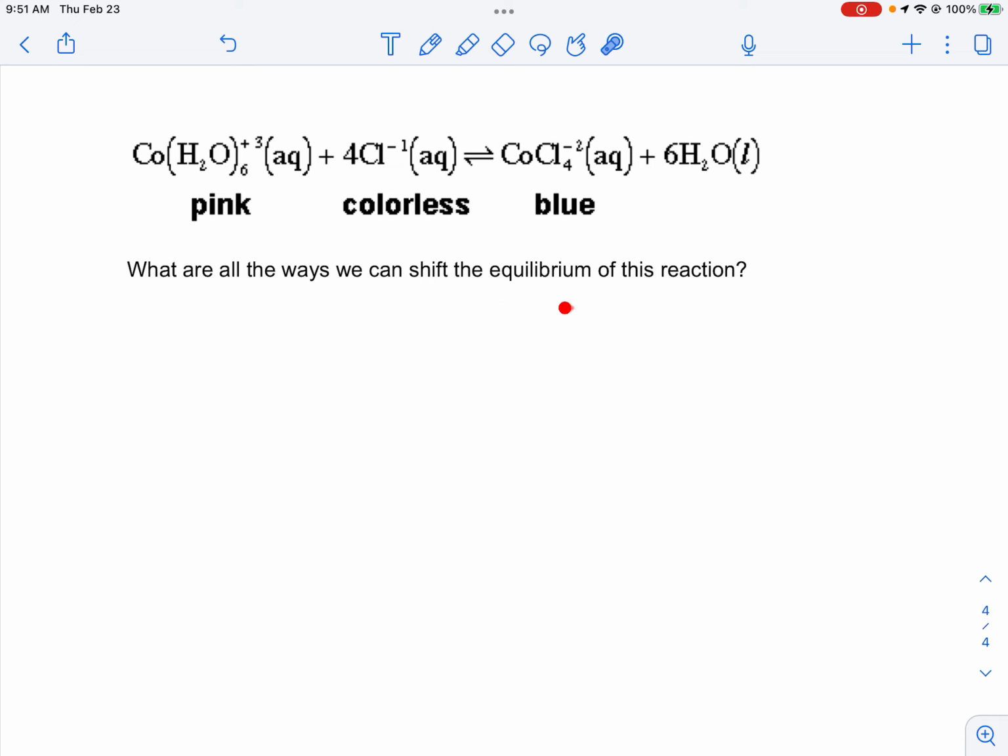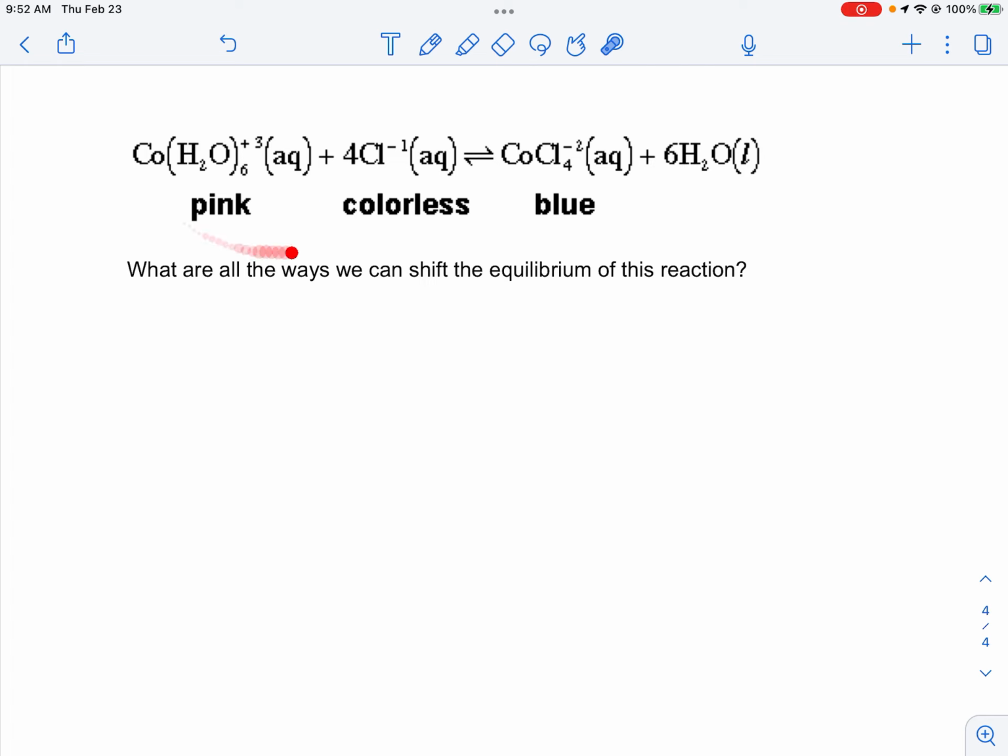And so equilibrium, our new word for today, is when these things balance out. And when we say balance, we have to be very careful. What we mean by balance is that the speed or rate that these are combining into each other to make these is the same as the speed or rate that these are combining into each other to make these. That does not mean that there's 50-50 of the chemicals.